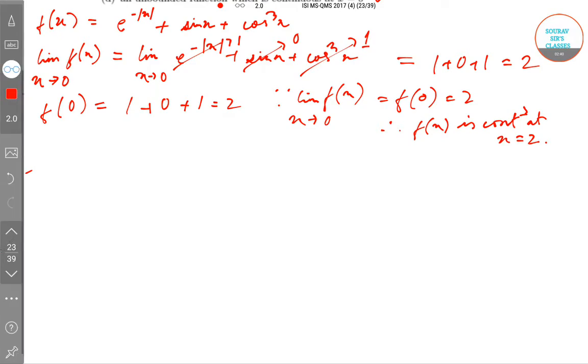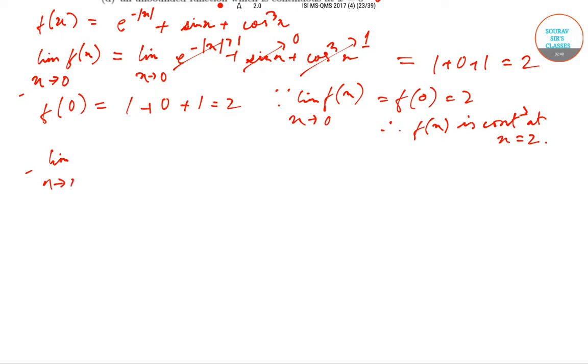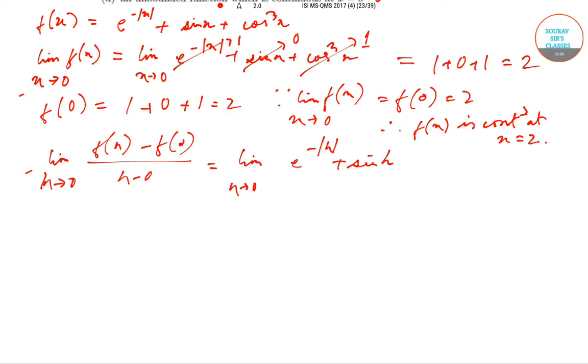Now for differentiability, what we'll do is find out the limit as h tends to 0 of f of h minus f of 0 by h minus 0. This will be equal to limit h tends to 0 of e to the power minus of mod of h plus sine of h plus cos cube h, minus f of 0 which is 2, by h.